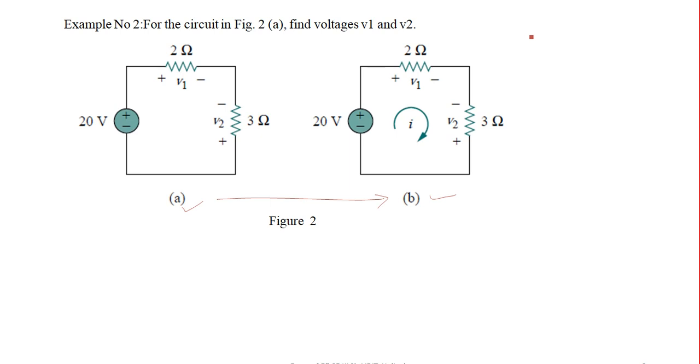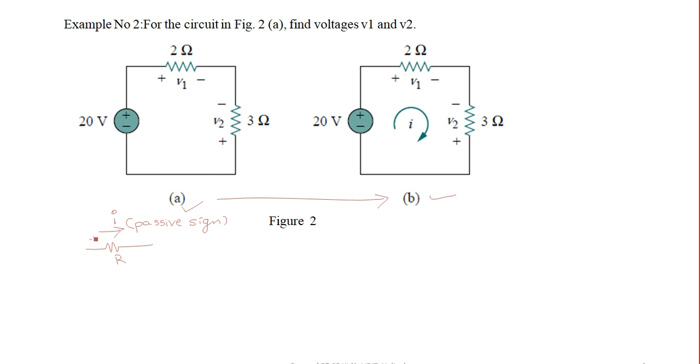Okay, and always please remember one thing while solving these problems. This is a very important note here. You need to make a note. Suppose you have a resistor, something like this, and I show the current direction like this. According to passive sign convention, how should a current flow?